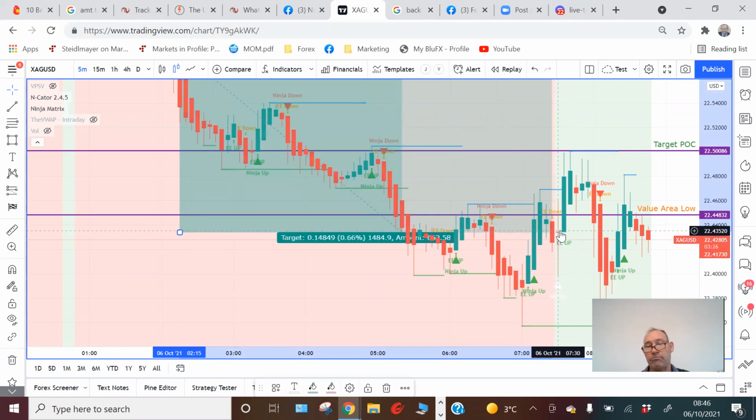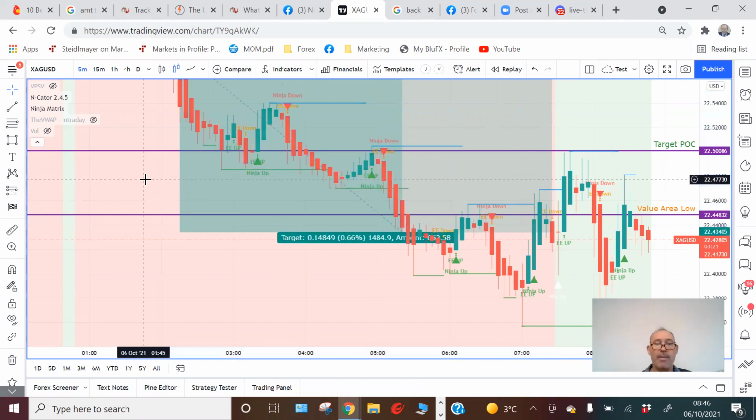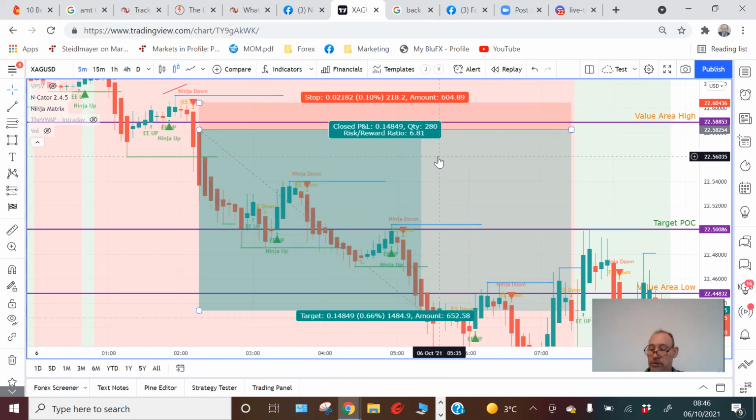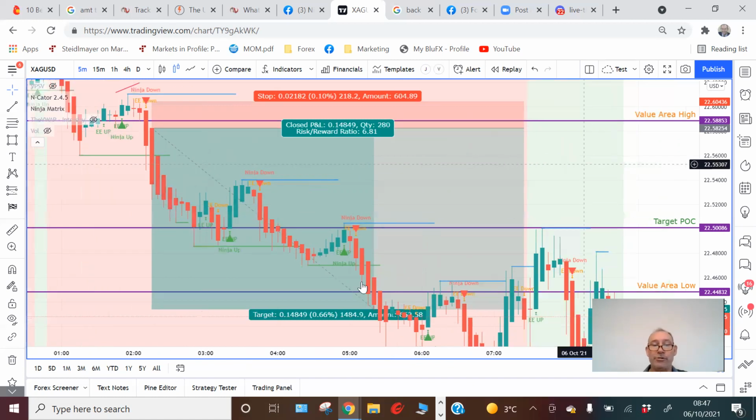So that risk to reward, if we stayed in to the exit using the matrix, is 1 to 6.81. So I'm going to do 1 to 6.8 with silver, and that was today.